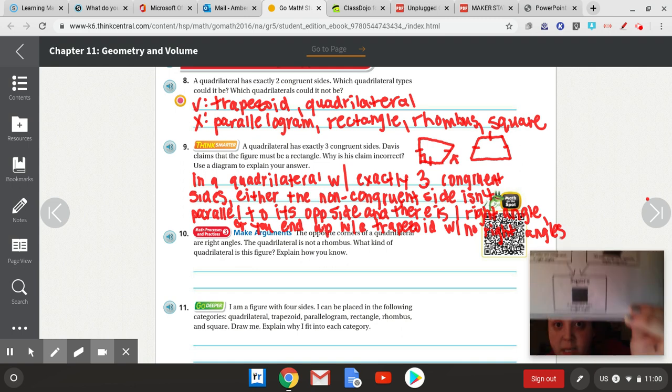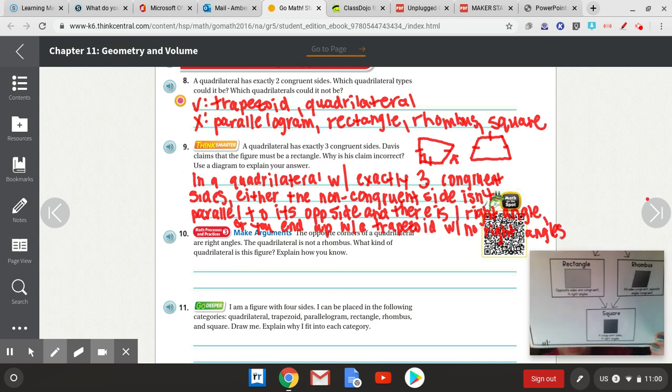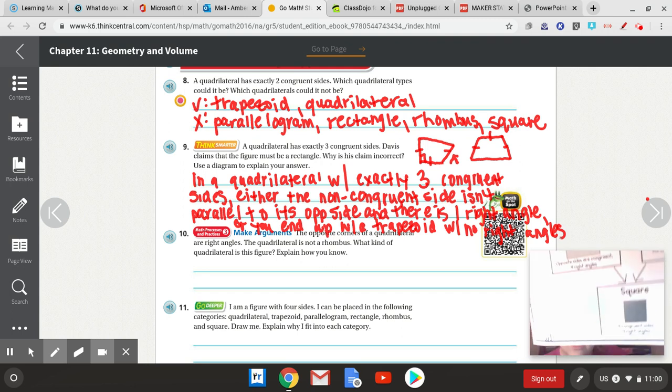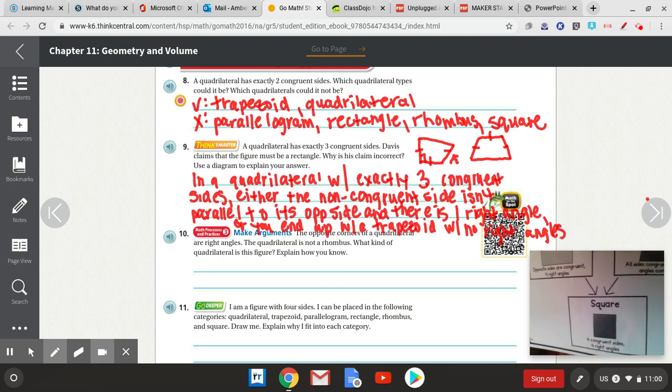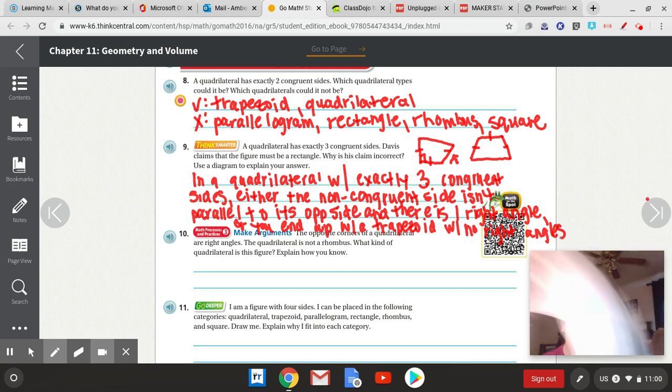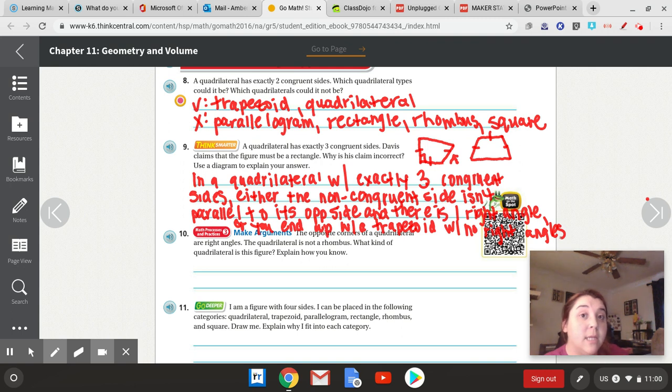Because a square is a rhombus, okay? So it can't be a square, even though the square has right angles on opposite sides, because a square is considered a rhombus because of the 4 equal sides and the opposite angles being the same. So there's only one other shape that it could possibly be, and that is a rectangle.